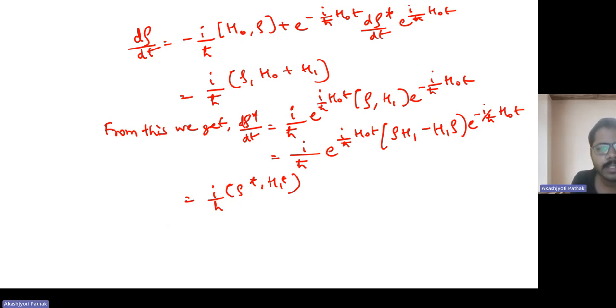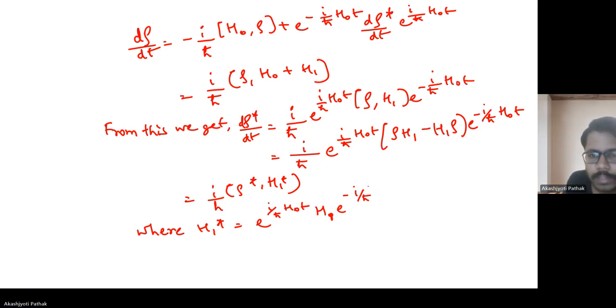Where what is this h1 star? So this is equal to e to the power i by h cross h naught t into h1 e to the power minus i by h cross h naught t. Okay.